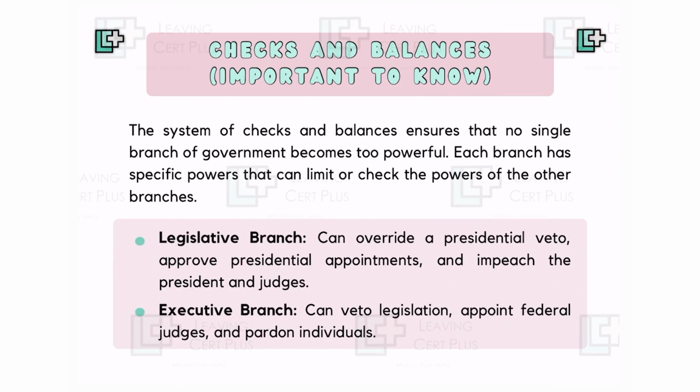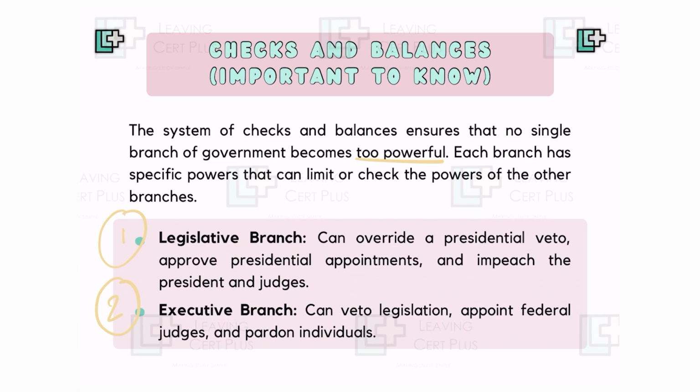The system of checks and balances ensures that no single branch becomes too powerful. So what are these branches? We have the legislative branch, that's main power number one. And we have the executive branch, that's main power number two. The legislative branch can override a presidential veto, can approve presidential appointments, and can even impeach the president themselves and judges if needs be.